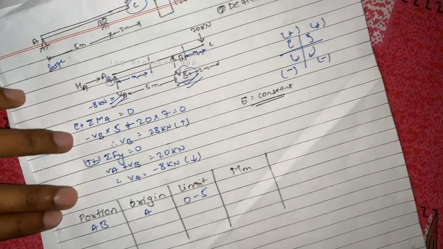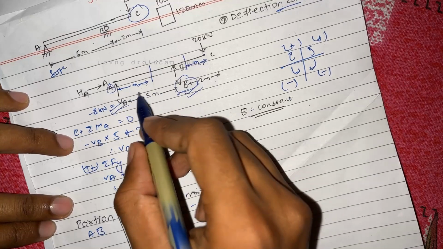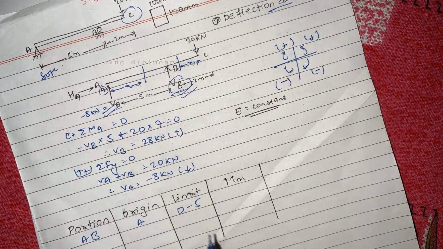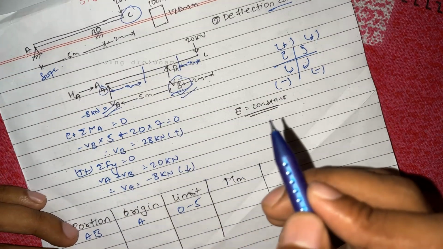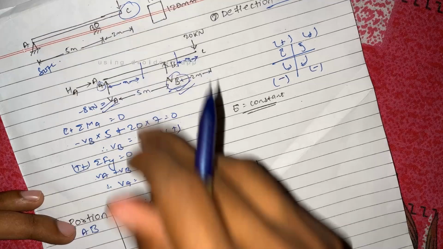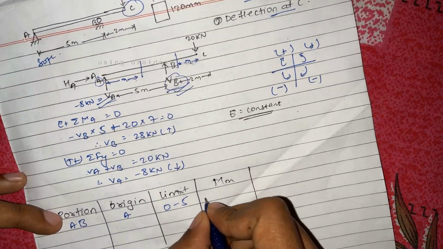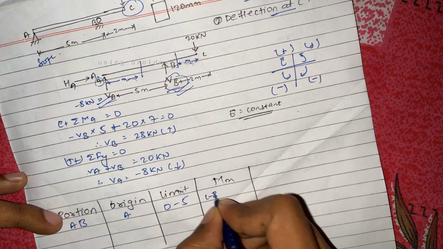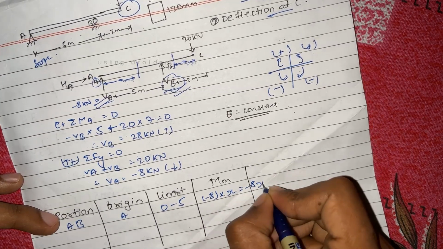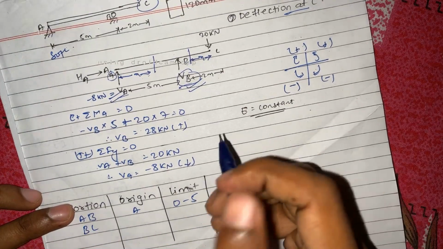So we can see here the moment about x is clockwise, since we are taking it from the left side. So we can write minus 8 kilonewton into x, that is minus 8x.